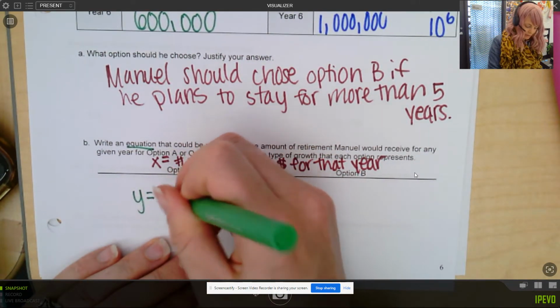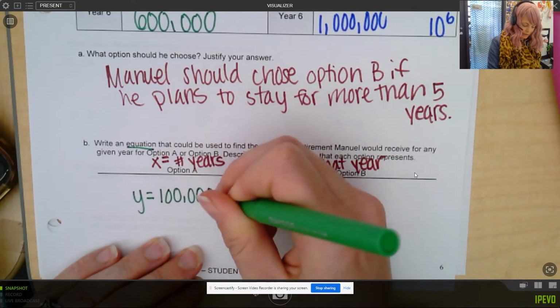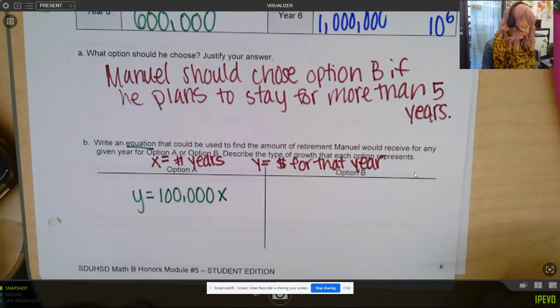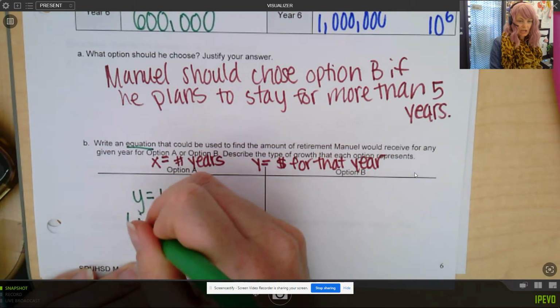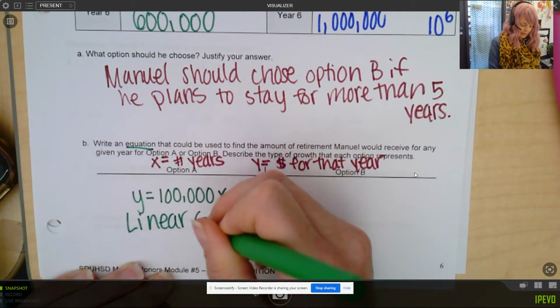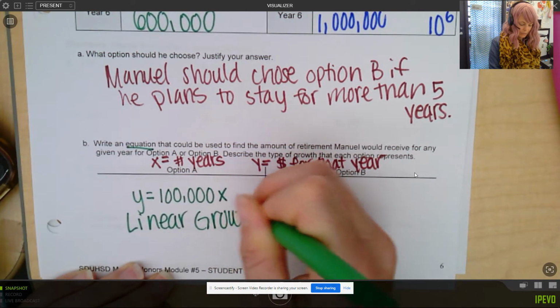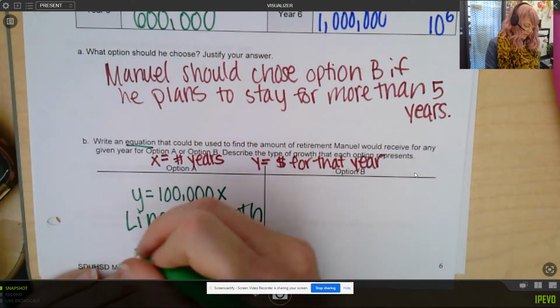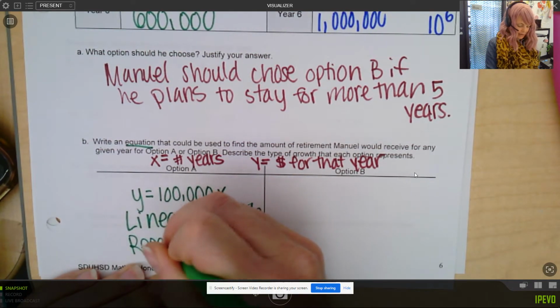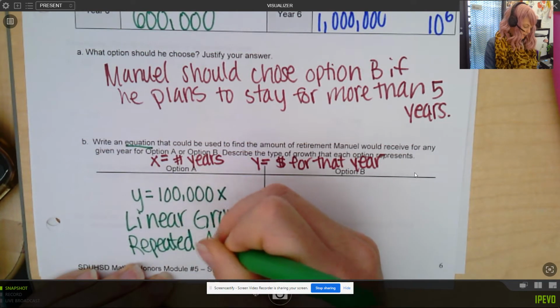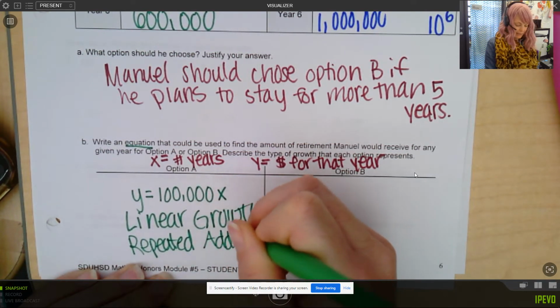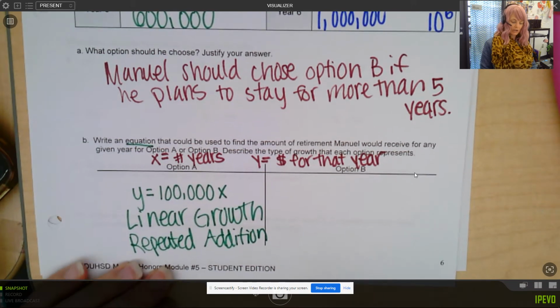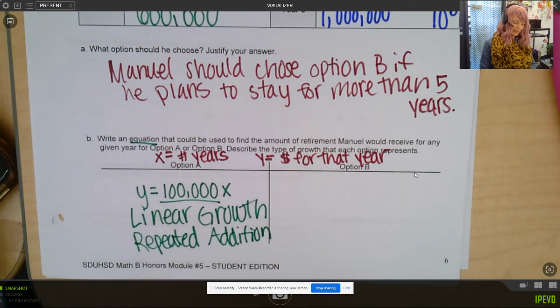So that's your constant rate of change, $100,000 times x. Notice that this is just linear growth. This is what we have been dealing with since module 2, and it's just repeated addition. That is how it grows. It's repeated addition by the same amount each time, that constant rate of change. That's how we get this slope.